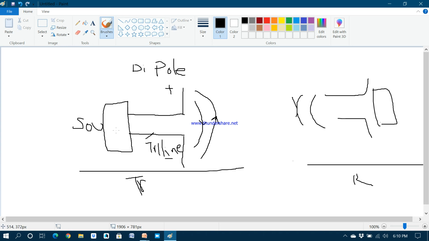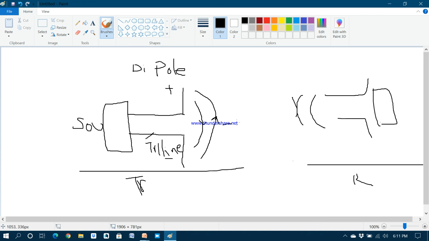If you observe this clearly, this is a center fed source for the dipole antenna. This dipole antenna is center fed by a voltage source. So by exciting this voltage source, we can get some electromagnetic waves.